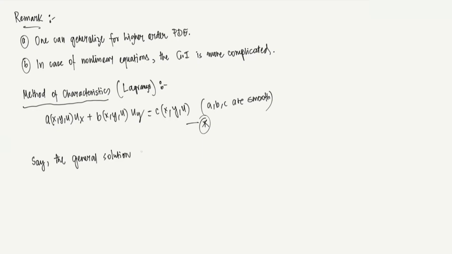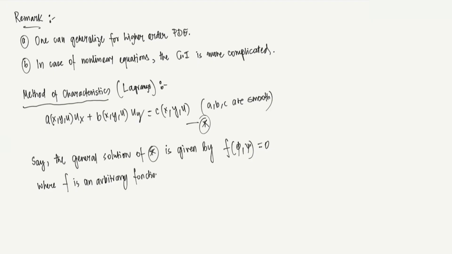Let's look at it. The general solution of star is given by f of phi and psi equals 0, where f is an arbitrary function, of course assumed smooth, so I may not be writing it all the time.